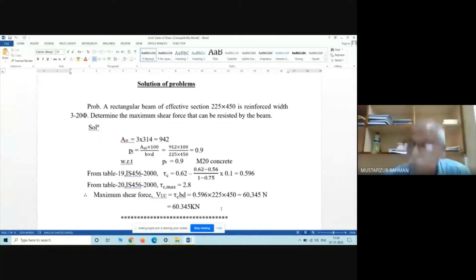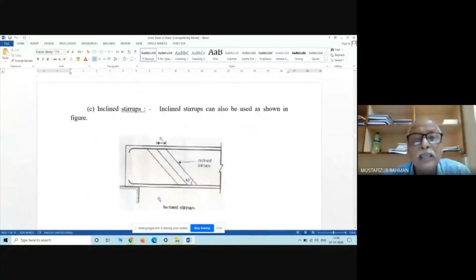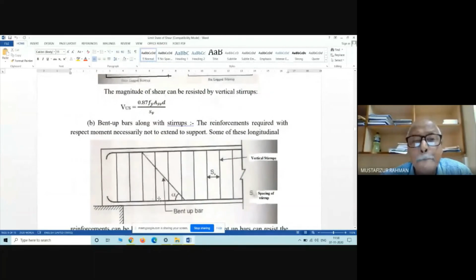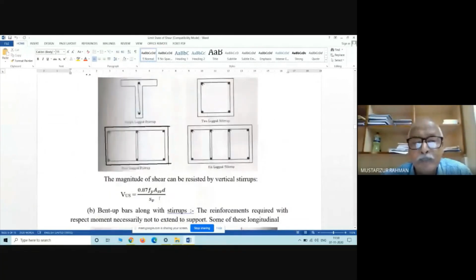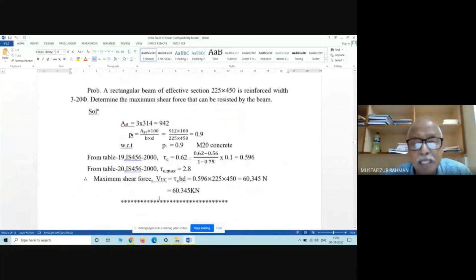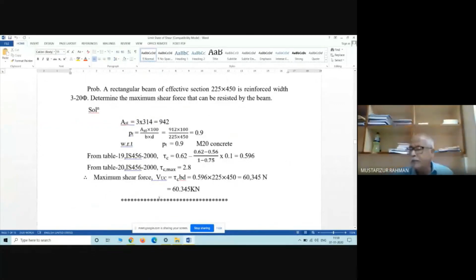If the shear force induced exceeds this, then Vuc means the ultimate shear resisted by the section, or we can say the ultimate shear resisted by the concrete and main steel.